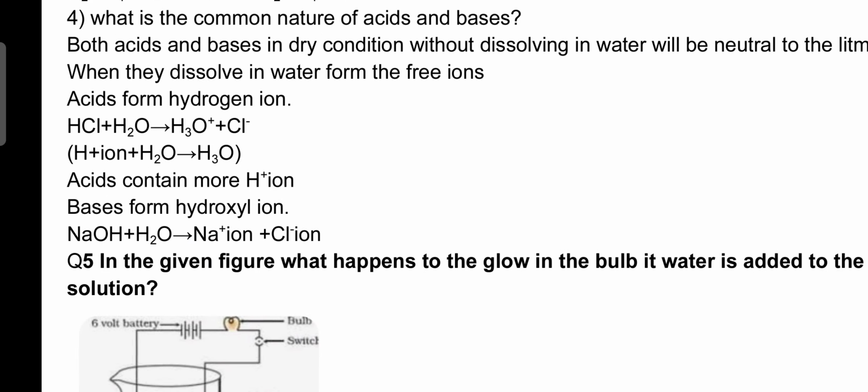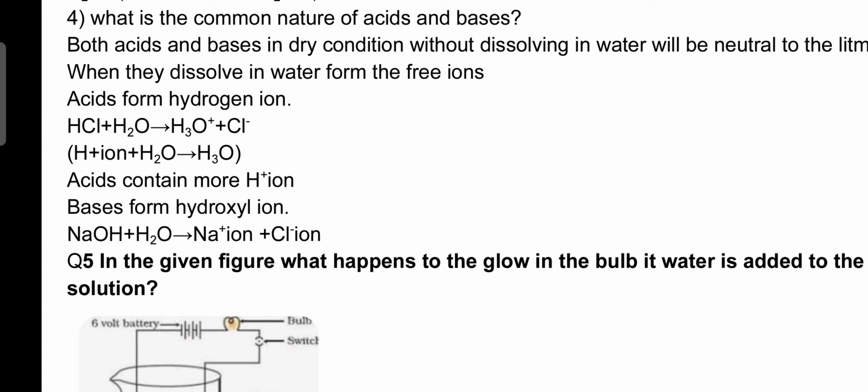So let us see what happens when acids dissolve in water. HCl, for example, dissolves in water and forms the H3O hydronium ion and the chloride ion. H3O plus is nothing but the H plus ion itself. Because the H plus ion is unstable, it reacts with H2O to form the H3O plus ion. Acids contain more H plus ions, that is H3O plus ions.